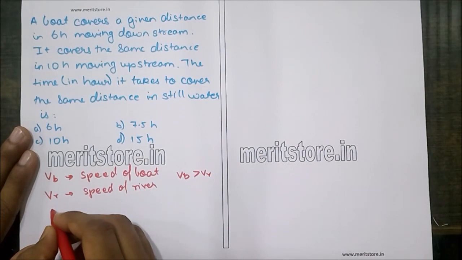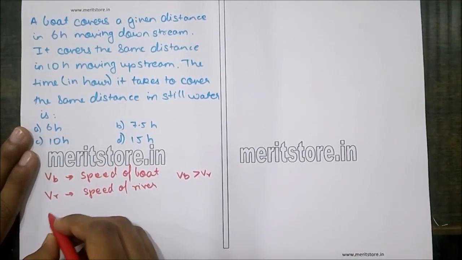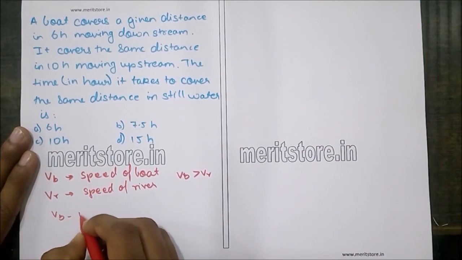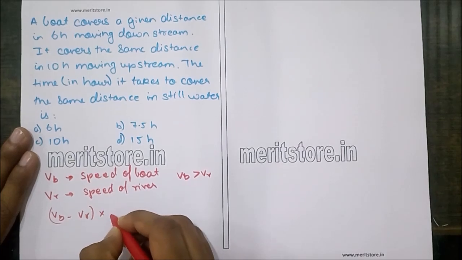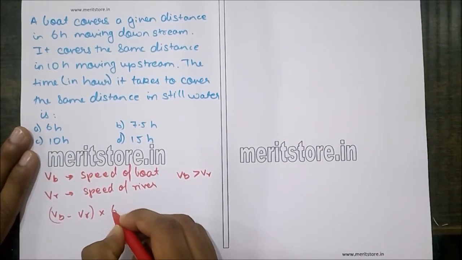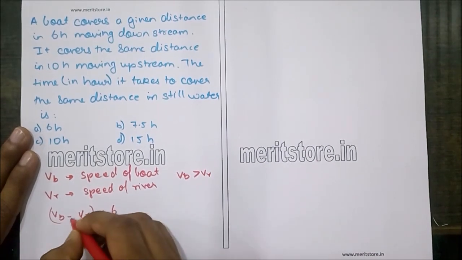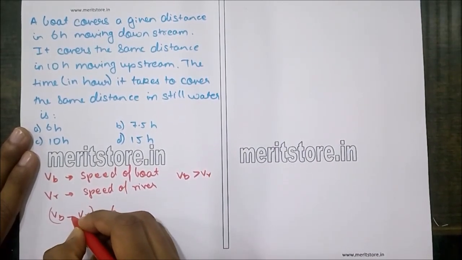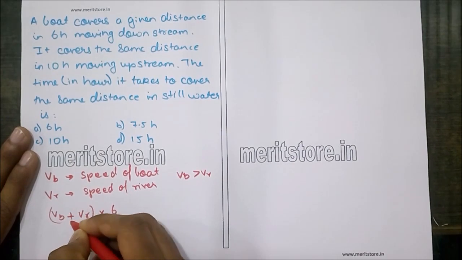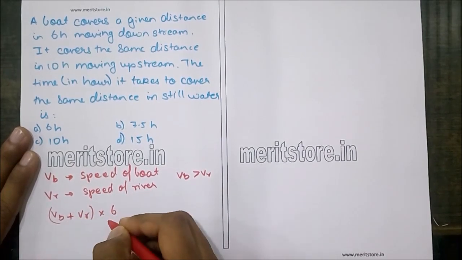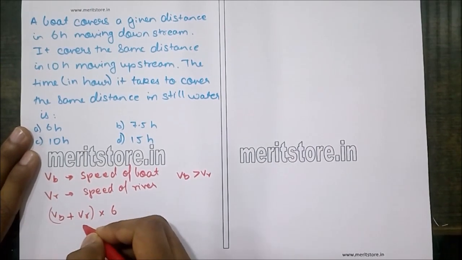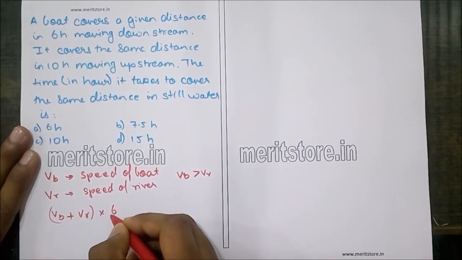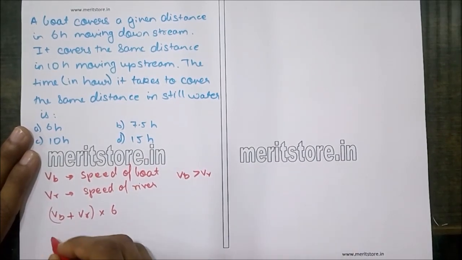Now when they are moving in the same direction, the velocities would add up, and the relative velocity would be Vb plus Vr, and the time taken is 6 hours.